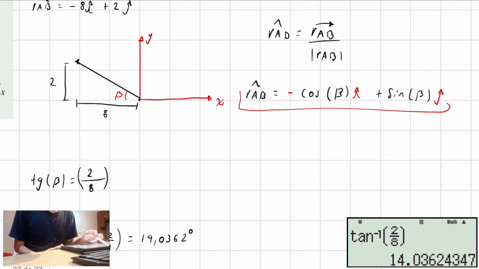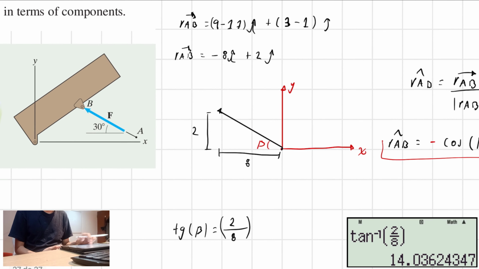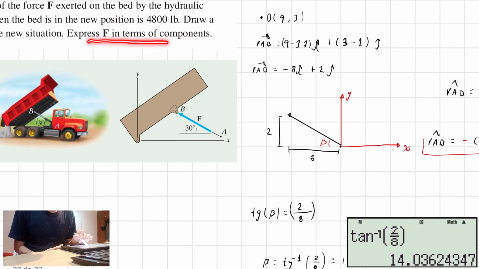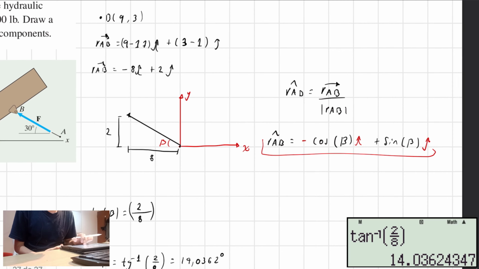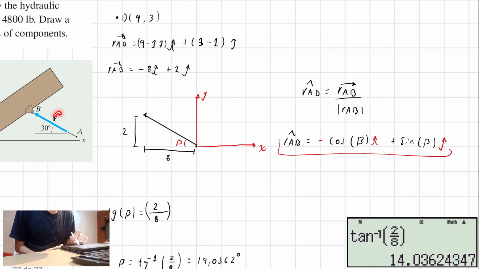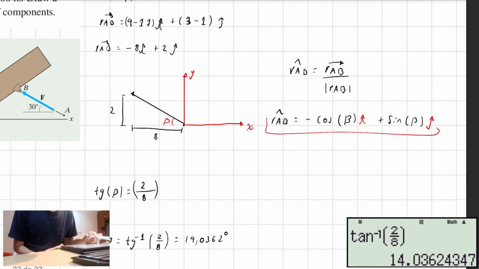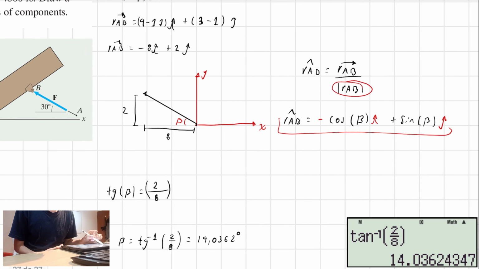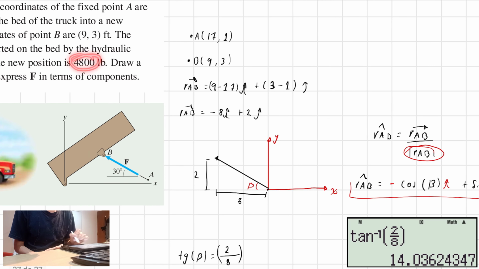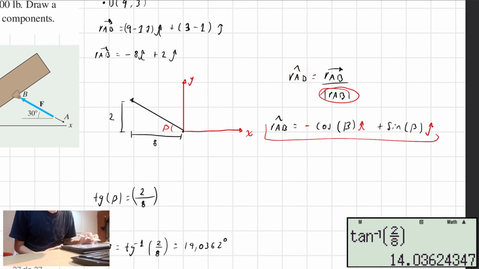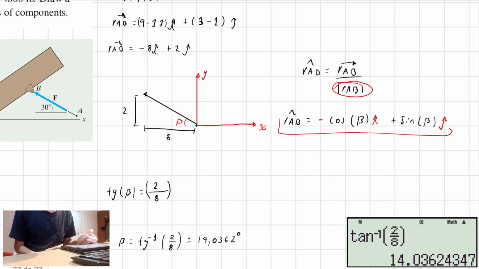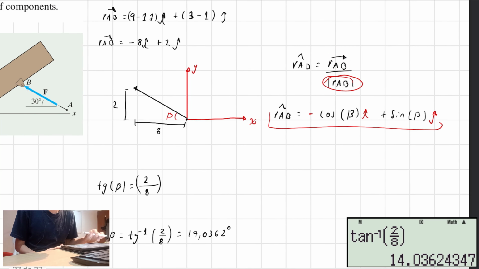Now, we need this, right? So, F in terms of components, we need the vector F. We have the magnitude, right here we have it. And we have the unit vector. So we can solve this equation for this unknown, and that would be pretty much it.